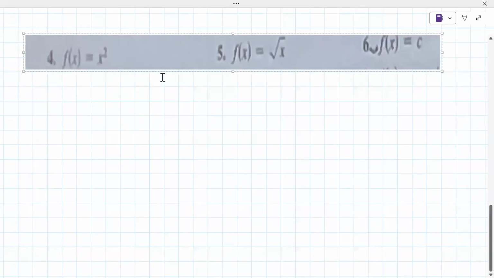Do you remember the names of any of these? Five is a square root function. I agree.